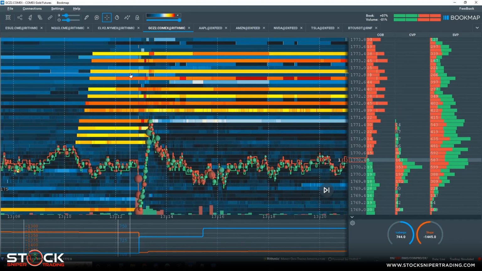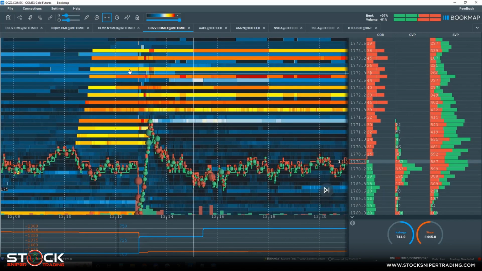Every other tick here, basically, they're showing very, very high liquidity. You can see when they came in as well. These came in first, then these, then these, then these, and then these up here. And these ones filled. They got filled here.